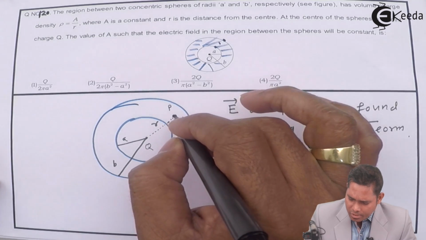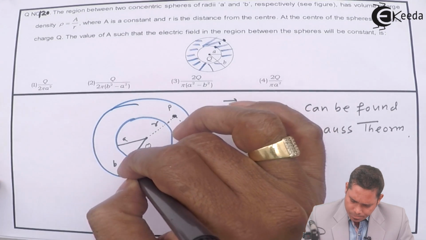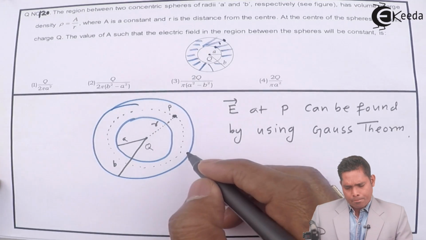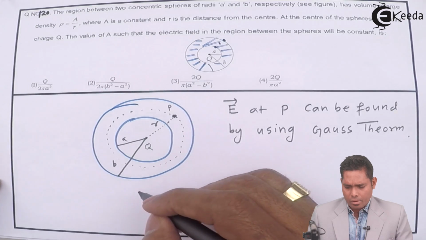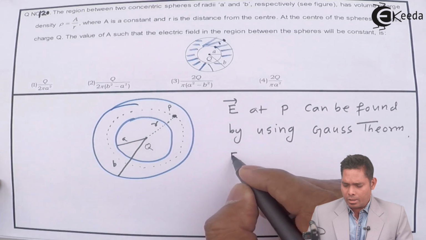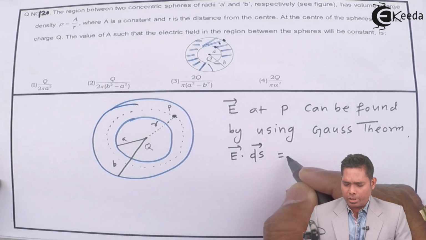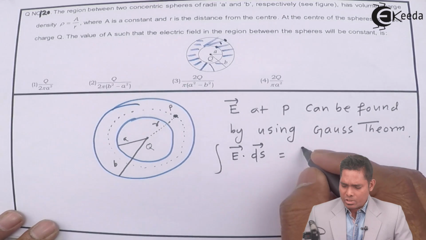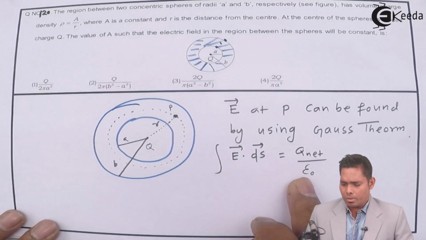So I'll consider a Gaussian surface like this. If I apply Gauss theorem to this Gaussian surface, then it is the integral of E dot dS equals net charge enclosed divided by epsilon naught. This is the Gauss theorem.